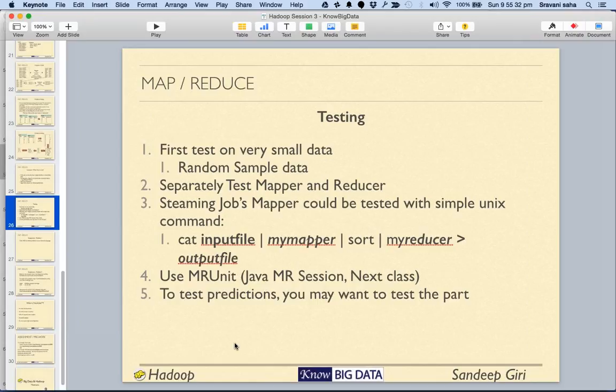Let's say you are building some program which will give predictions of the future, or you are writing a movie recommender based on the past history of the users. You are giving recommendations on movies, that this person would like these movies because they have liked those movies. Or you are writing another recommender like Amazon, that people who bought this also will buy this.